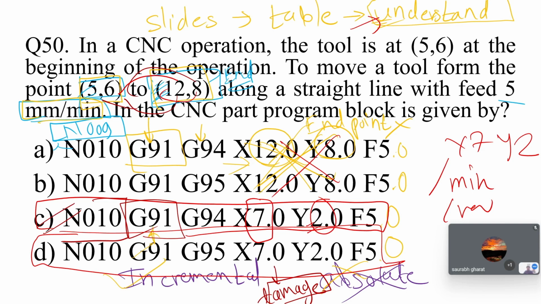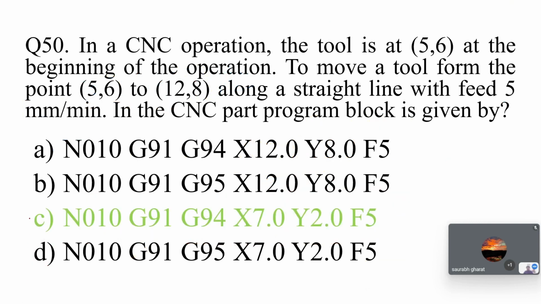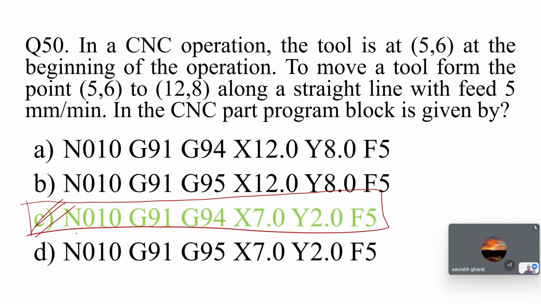After using everything properly, this is your correct answer. By considering everything, this will be your correct answer. You should know that due to this G91 part and this G94 part, these parts are changed.